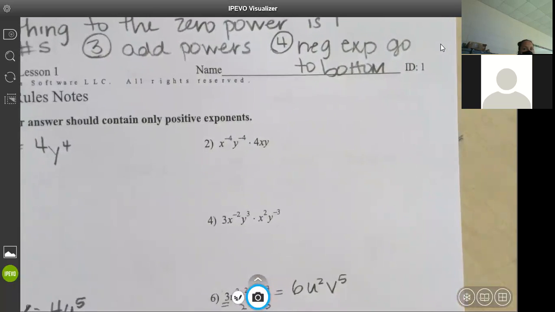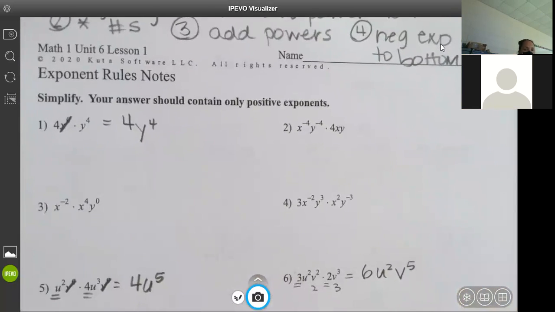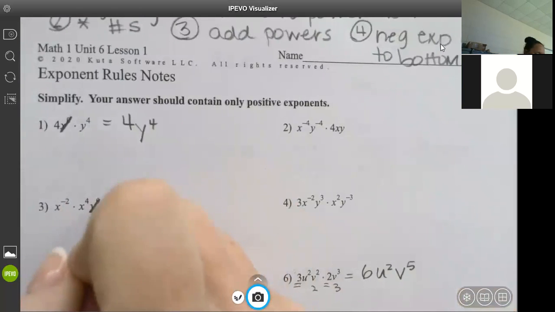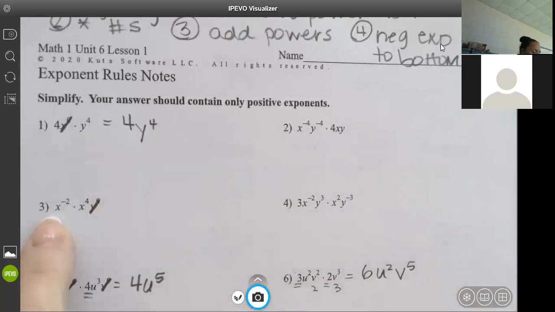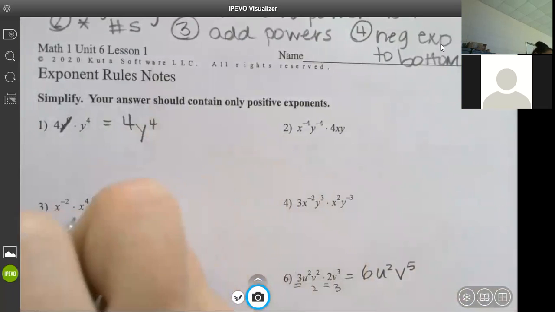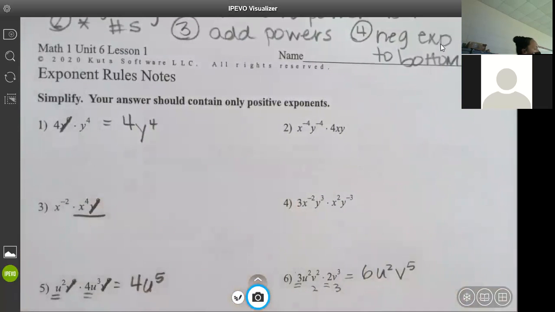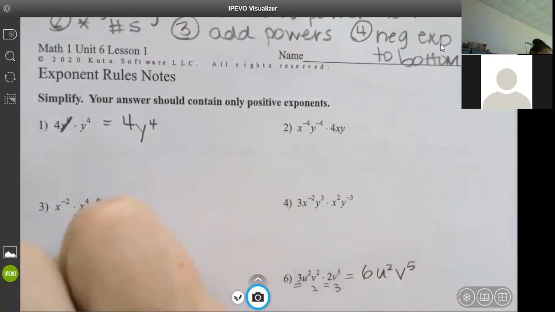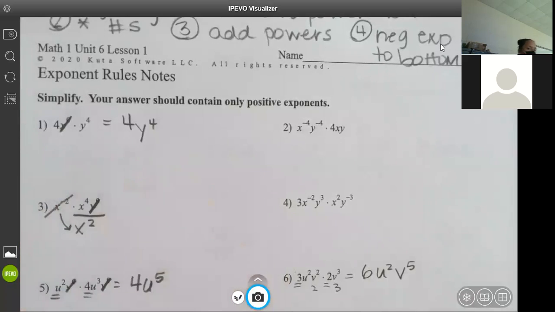I want you to look at number 3. We have a 0, so that'll mark out. This negative exponent, we're going to make a divide bar, so a fraction. And we're going to move it to the bottom and make it positive. So then that'll cancel out. Now, anything the same on the top and the bottom, we can mark out. And here's what I mean by that.